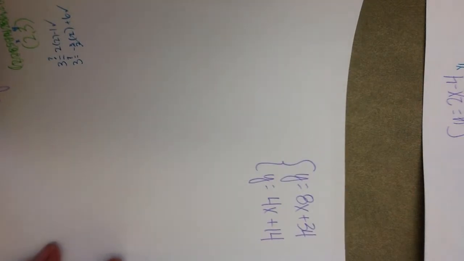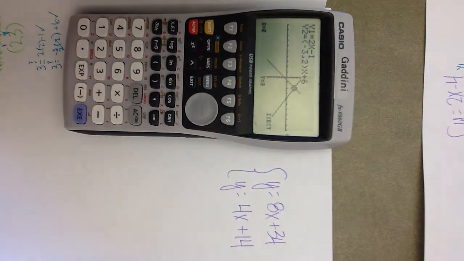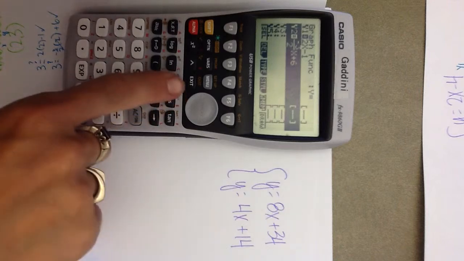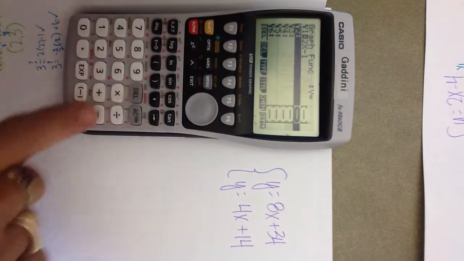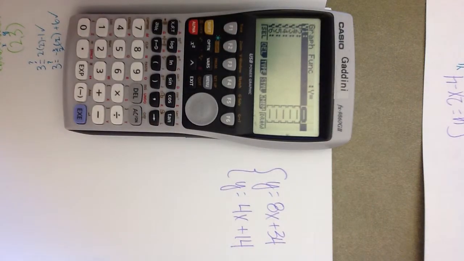Let's take a look at another one. All right. In this one, I've got much bigger y-intercepts. So I'm going to exit, is what I've just pressed, delete F1, up, F2 to delete, F1 to confirm.